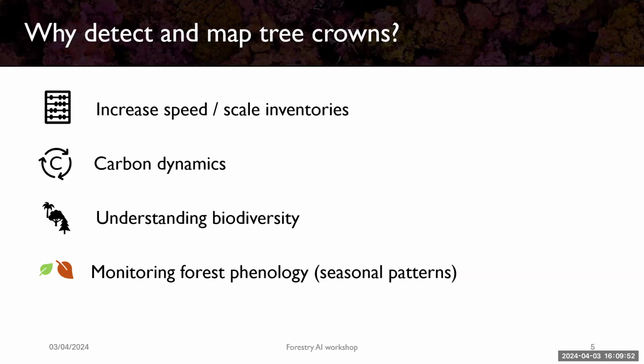If we can not just find the individual crowns, but also detect species, it will help us to understand patterns of biodiversity that we see. In my particular case for my PhD, I was monitoring the phenology of tropical forests. In temperate regions, we can see quite clearly what's happening: in autumn, all the leaves fall off, and in spring, they pop back up.